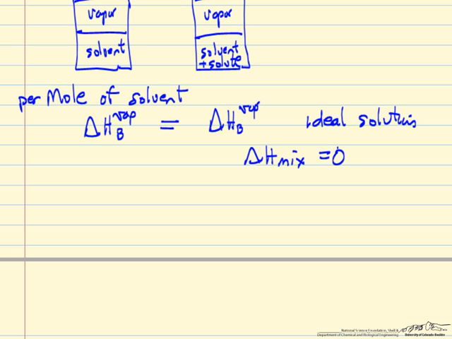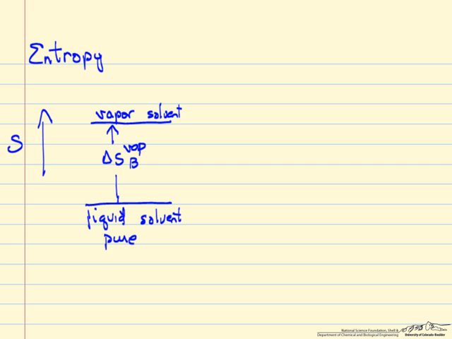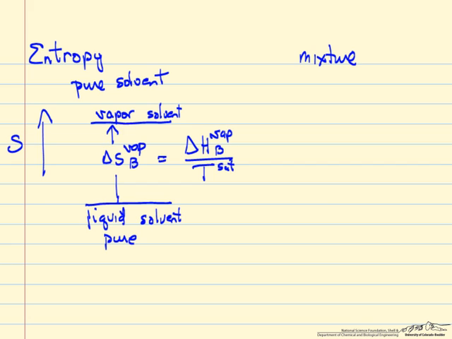Now we want to make the same comparison but for entropy instead of enthalpy. We're looking at entropy increasing this way, and for the pure solvent we have some entropy of vaporization. This entropy of vaporization, basically from our definition of entropy, is going to be the enthalpy of vaporization over the saturation temperature, the temperature where we're doing the vaporization, where we have vapor-liquid equilibrium. This is the pure solvent case, and we want to compare it over here to the mixture. The entropy for B in the mixture is going to be higher.